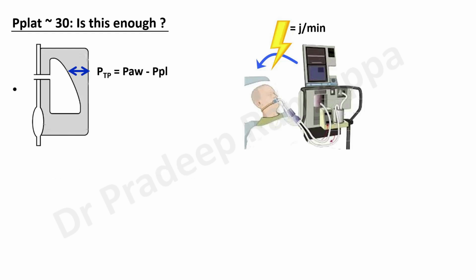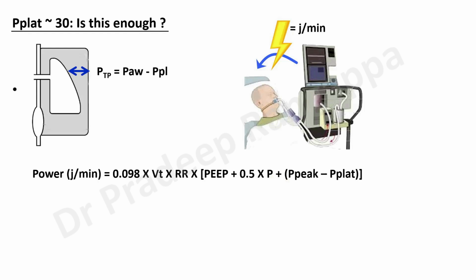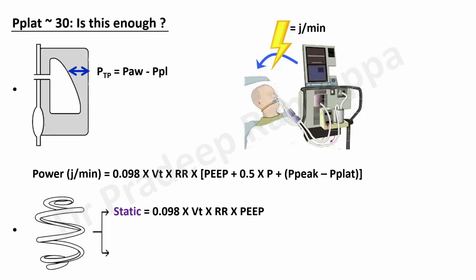So, for all my brilliant listeners, if you want to remember, this is a simplistic formula: power, which is joules per minute. The formula is further split into categories because when we talk about mechanical power, there is an elastic component and a resistive component. For me, it is easier to remember this formula. In the elastic component, there is static and dynamic. The static power, or elastic component, is 0.098 into tidal volume into respiratory rate into PEEP.